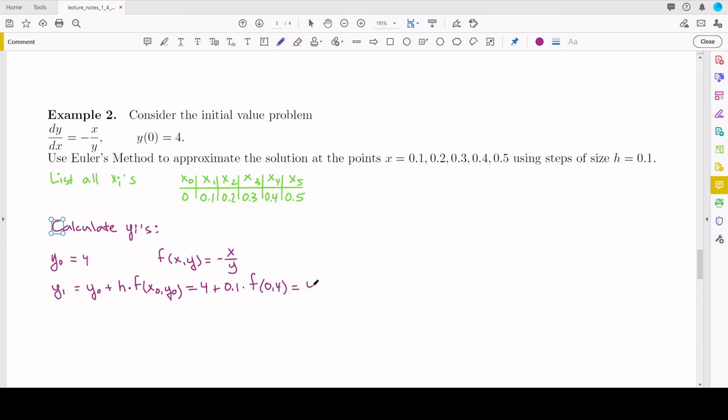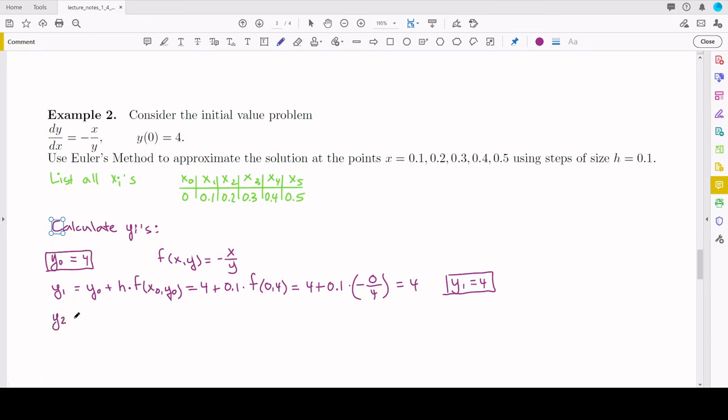And so this is 4 plus 0.1 times negative 0 over 4. And that just gives us 4 again. So we now see that y1 equals 4. We already had y0 equals 4.